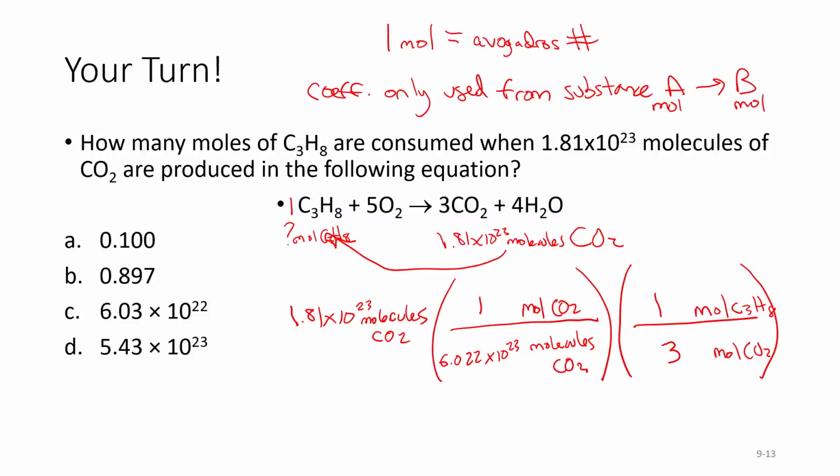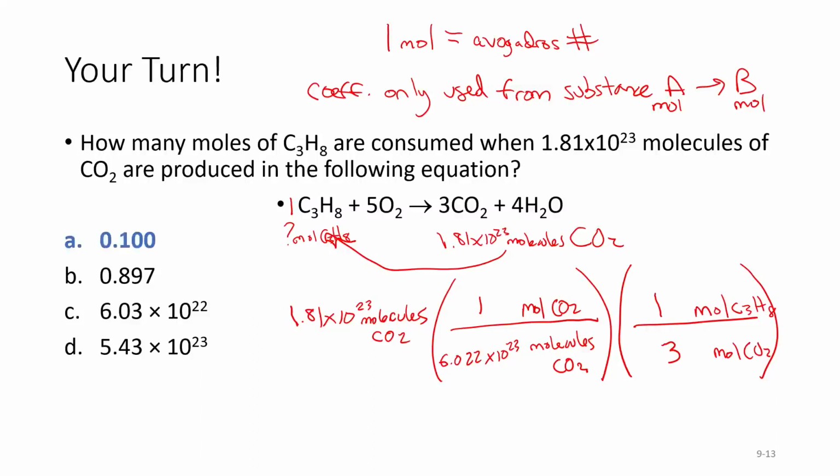So when I put this in the calculator, I like to start by multiplying the bottom for this one. And remember, putting that in parentheses times 3. And then I'm going to write that number down, which is 1.8066 times 10 to the 24. And then I'm going to take 1.81 times 10 to the 23 and divide it by that answer.